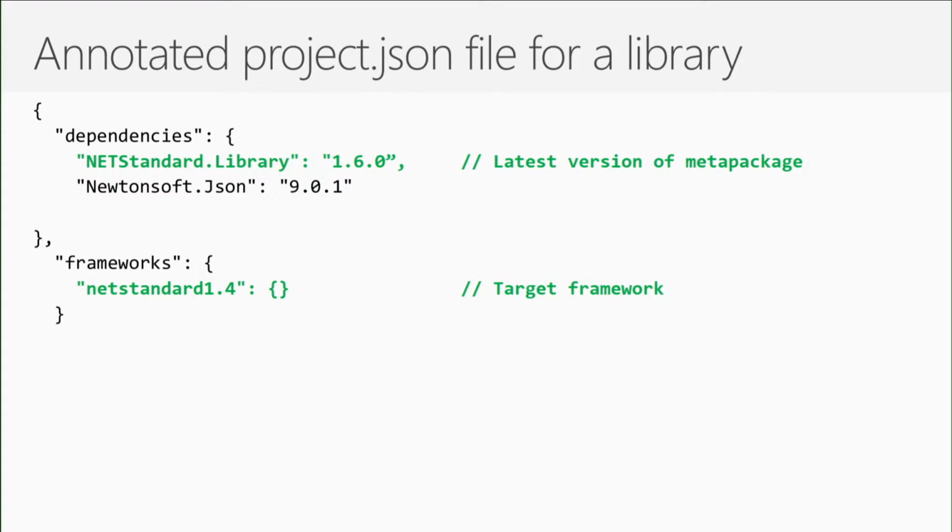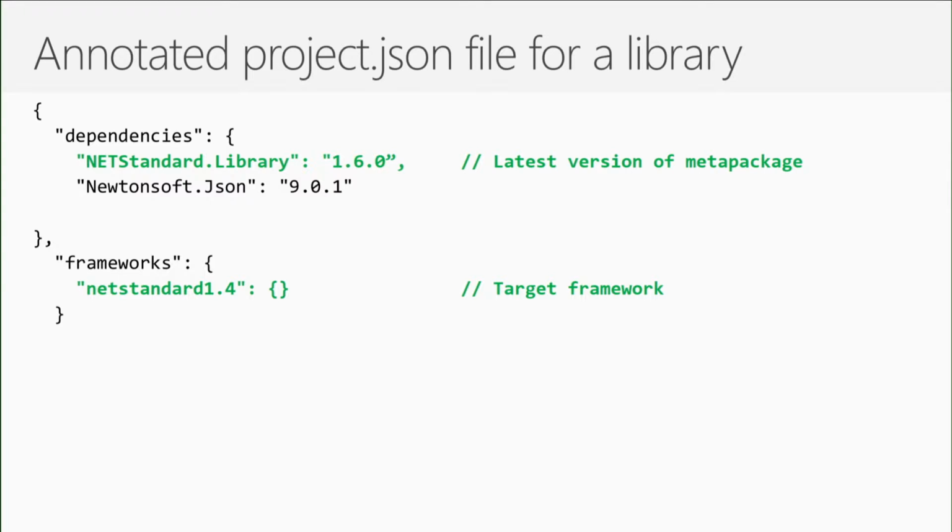This first line is a NuGet dependency to a meta package. This meta package brings in all the reference assemblies that the compiler is going to use to make sure you color within the lines of the available API. You always use, or you're encouraged to use, the latest version of the meta package.